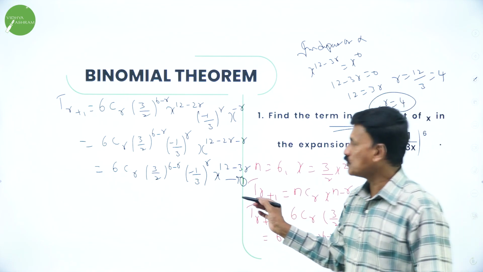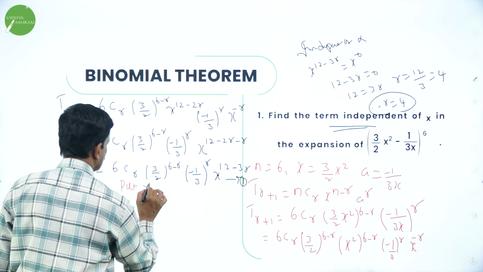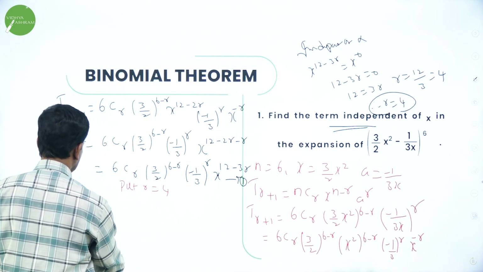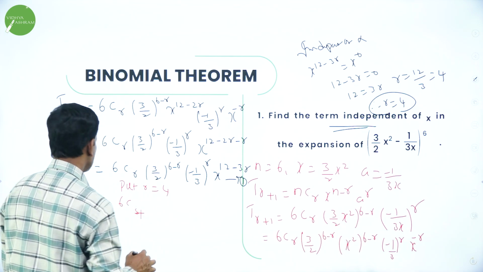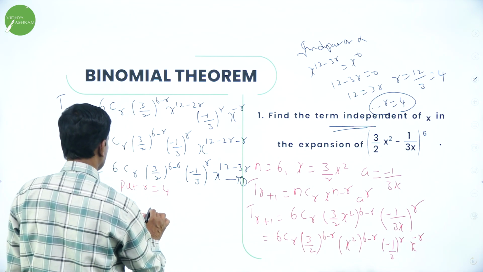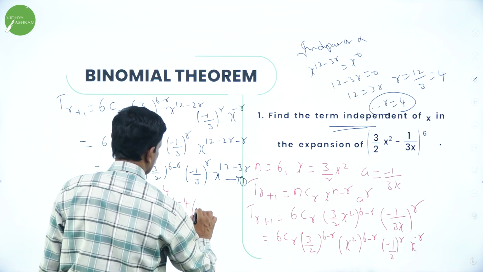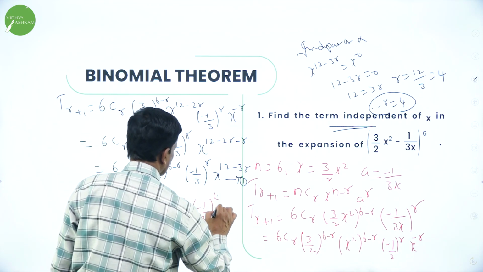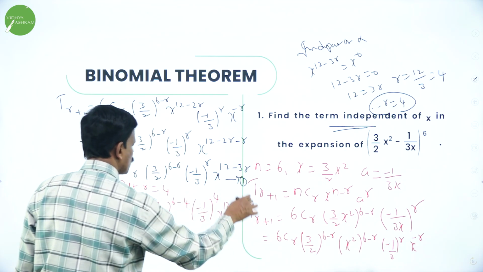Now put r is equal to 4 in this equation. What will you get? T(4+1), T5, is equal to 6C4, we are putting r is equal to 4, (3/2) to the power of 6 minus 4, (minus 1/3) to the power of 4 into x to the power of 12 minus 3 4s are 12. So x power 0.